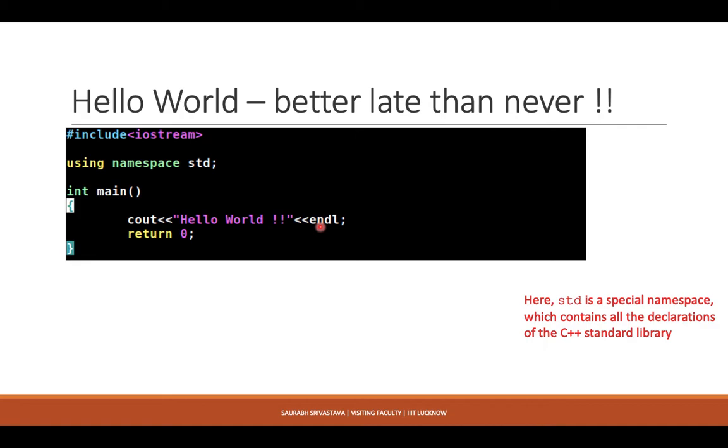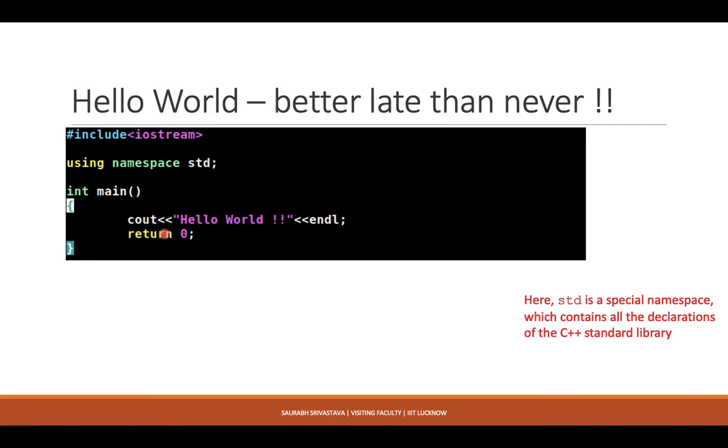And here you can see that I have used another statement at the top. It says using namespace std. So why do we do that? Basically all the functions of the C++ standard library have been added in a specific namespace called std. This means that if you want to use any library function, you'll either have to do something like std::cout, and that is also fine.